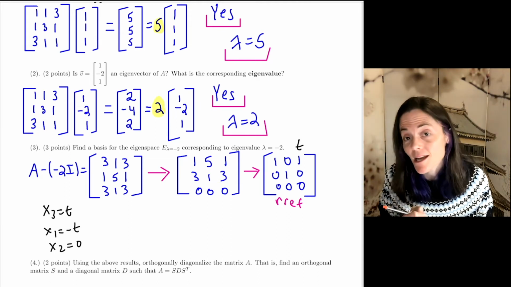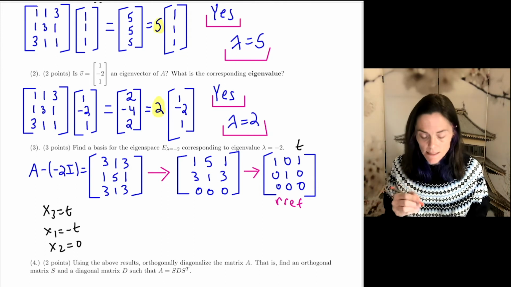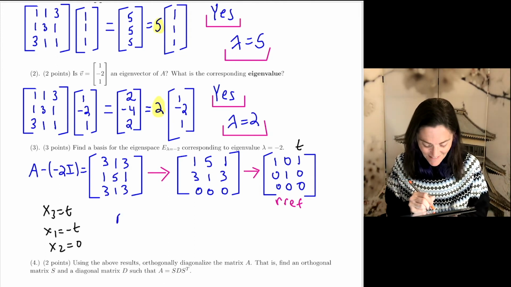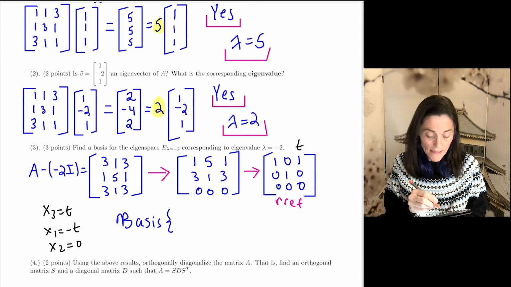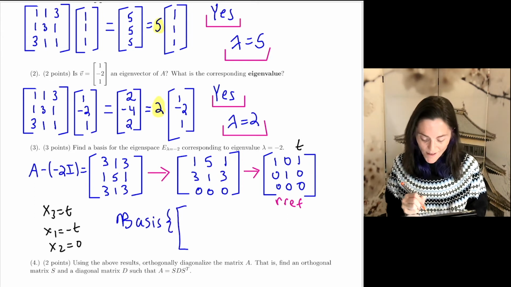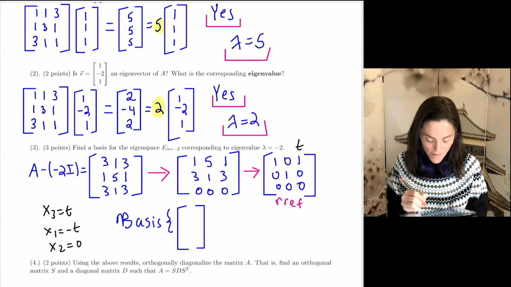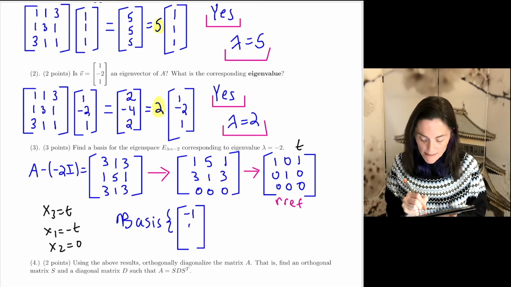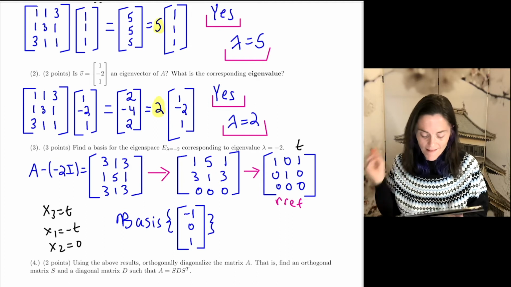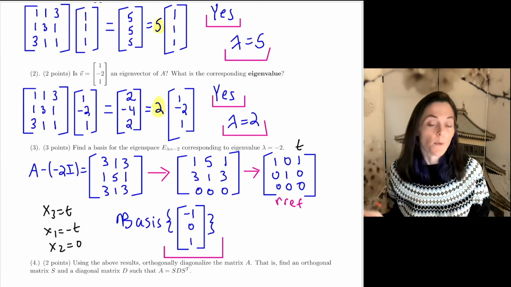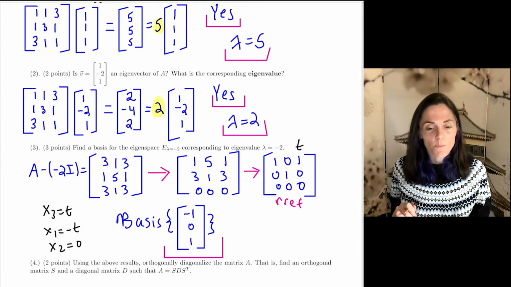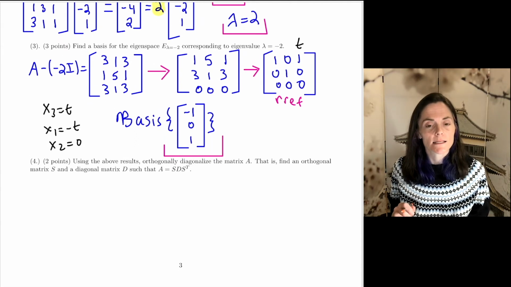Now I don't need the general solution, I just need a basis. So we can say let t equal 1. This will work. Then we have -1, 0, 1. Okay. This would be my answer in this part. Now we have the very last part. We want to use all of the above to orthogonally diagonalize this matrix.